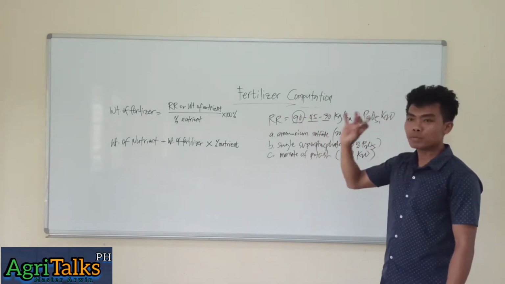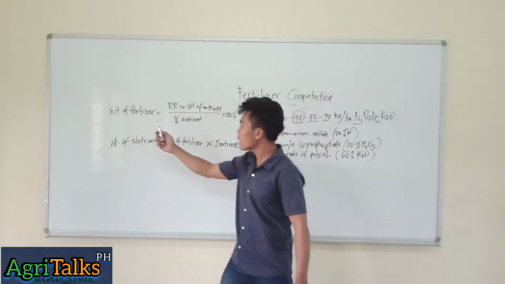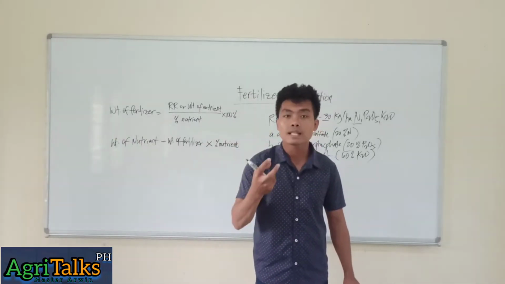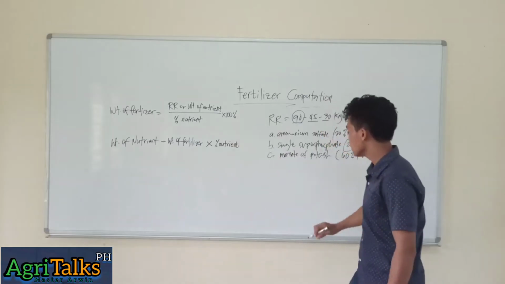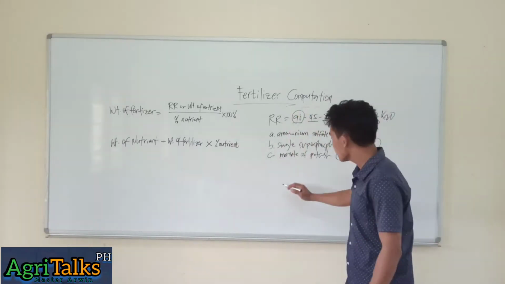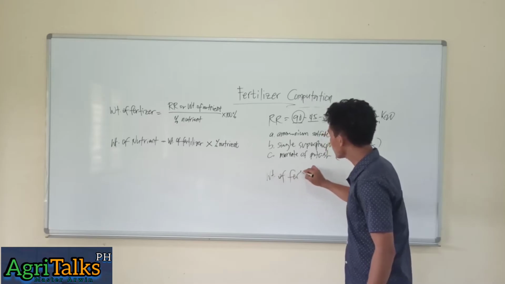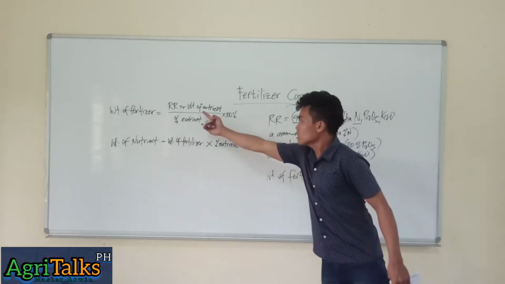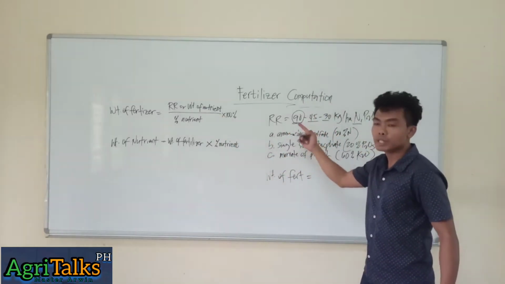So, by computing this, we will use this formula because it is the weight of fertilizer. So the question is, how much fertilizer? Okay, so we will use this formula. And it goes like this. So weight of fertilizer is equal to recommended rate for the weight of nutrients. So this is the recommended rate for nitrogen.